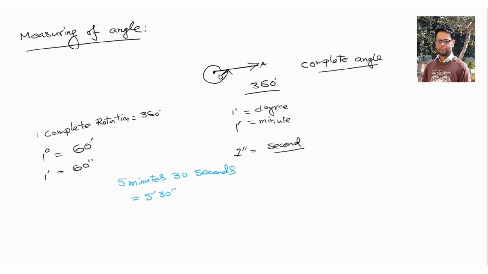We can write 25 degrees 30 minutes 15 seconds like this, and we can also add these things.